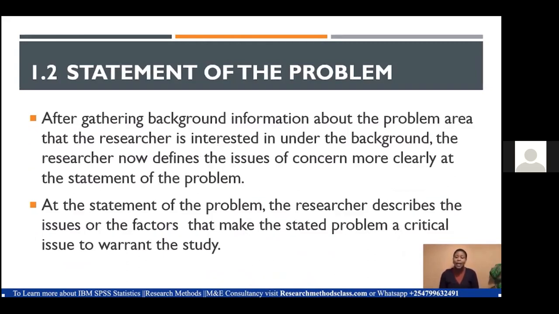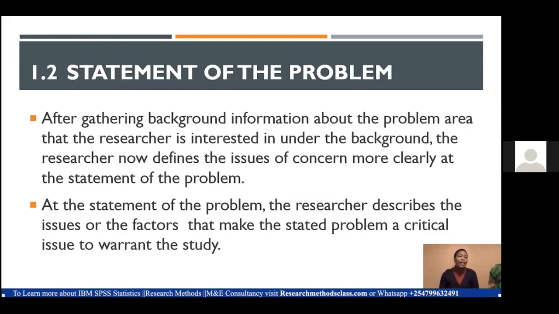So now, after writing your background, the next step, which is 1.2, is to state the problem. This is the section that defines the issue of concern more clearly. It is actually the section that describes the issues or the factors that make the stated problem a critical issue to warrant the study.